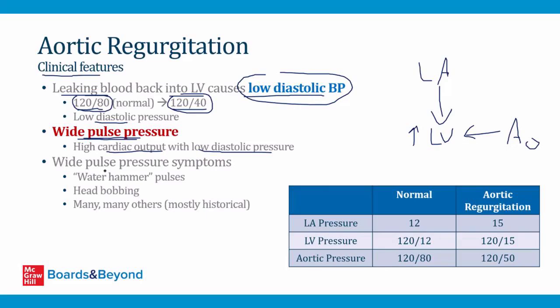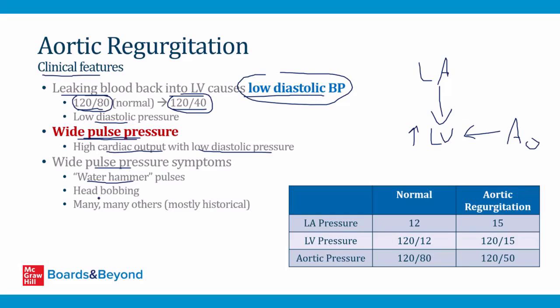And then finally, it's rare, but historically, before there were treatments for aortic regurgitation, patients would develop a huge list of clinical findings related to the wide pulse pressure. So one of these findings was called water hammer pulses. This basically means bounding pulses on physical exam. You can see this in any patient with a very high cardiac output, but it was classically associated with aortic regurgitation in the old days.